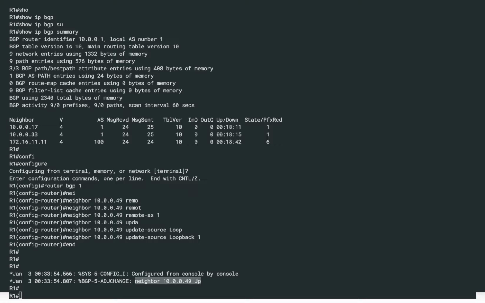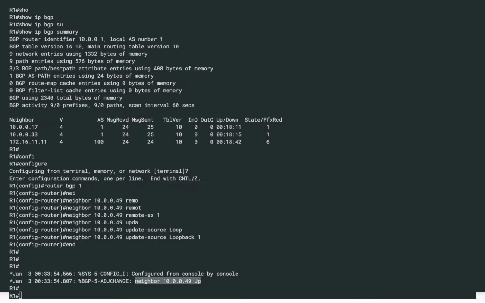Now, because of this iBGP session, R1 has a direct connection to R4, and we have kind of worked around the BGP split horizon rule. One of the reasons we need a full mesh of iBGP sessions is for proper iBGP update propagation.